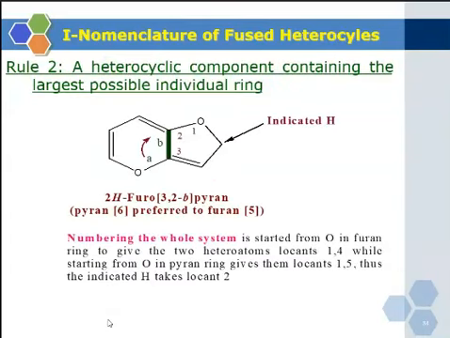Next, let us see rule number 2. A heterocyclic component containing the largest possible individual ring. Here we can see 2 rings are fused. Numbering of the whole system should start from O, that is oxygen in the furan ring.